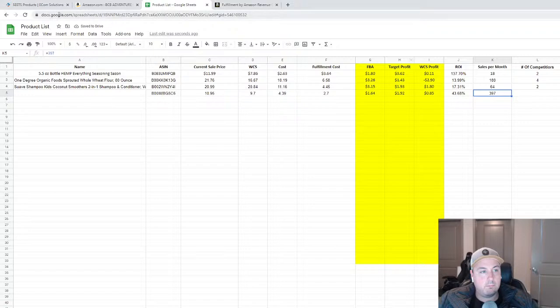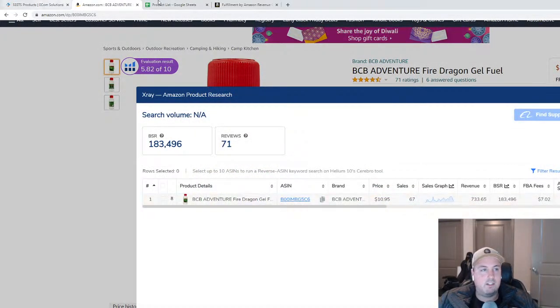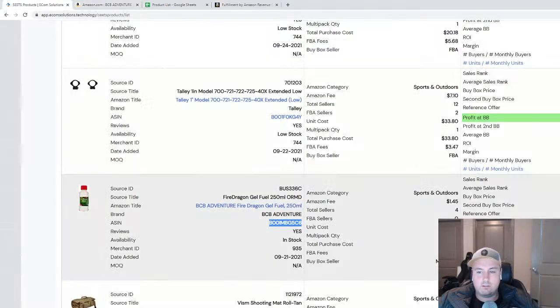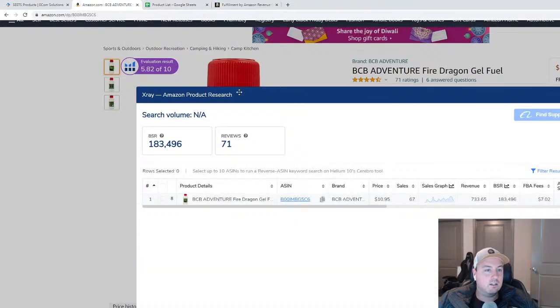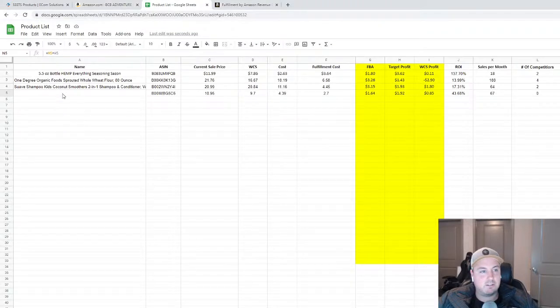Not bad. And then, what did it say the sales were per month? 67. There's no FBA sellers, which is just kind of crazy to me. You'd make $128 if you were getting all the sales every day. That's just, you know, best case. But I'll look into this after. This might be one I add to my store.